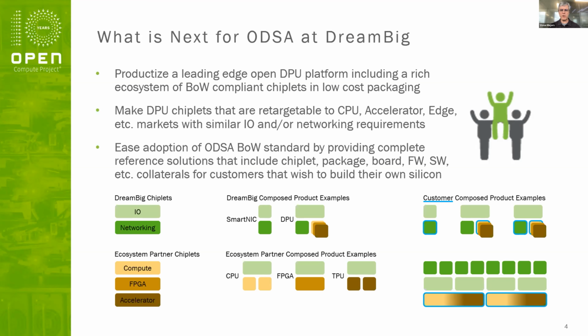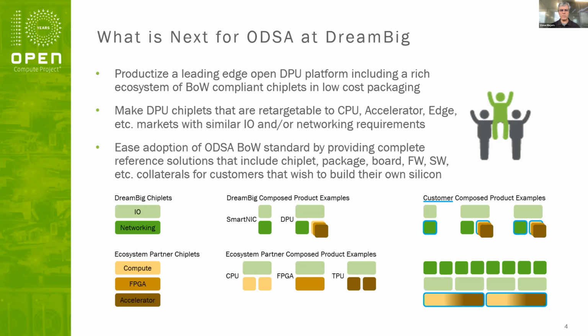And then what you see on the far right is customers that have adopted the chiplets that are being developed by us and the ecosystem partners are able to compose their own products. So for example, they may use our I/O, but develop their own networking chiplet, or in the middle of the right-hand side, their own computing chiplet, or a combination of both.